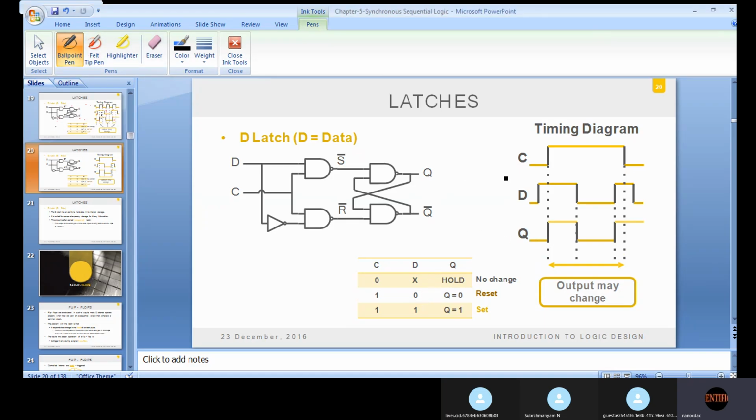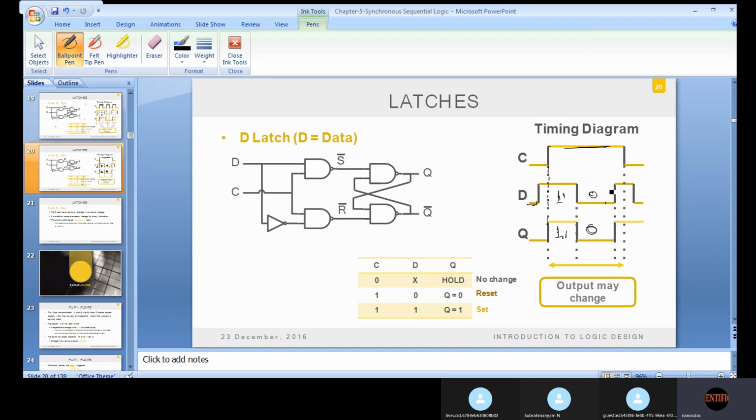Here what we are doing is C D. We are giving control signal 1. See, from here to here control signal is 1. Now you see, this is D, and from where control signal is 1, this Q is taking the value of D. Here D is 0 and control is 1, so Q is taking the value of 0.